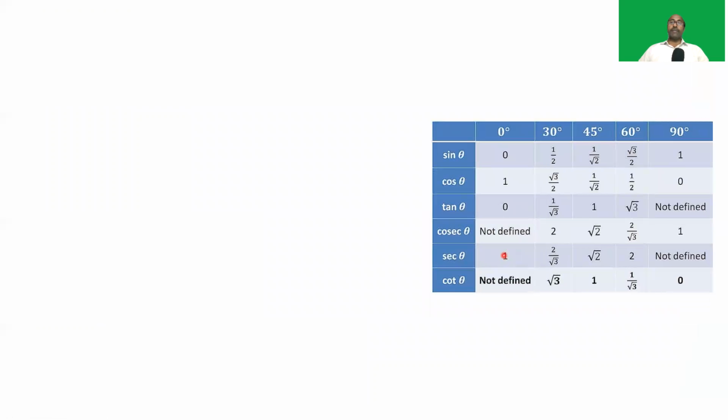If you don't remember this table, then we can find these values in a tricky manner. Let us see that manner. Starting from 0, we write 0, 1, 2, 3, 4.